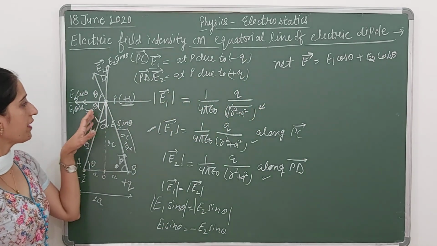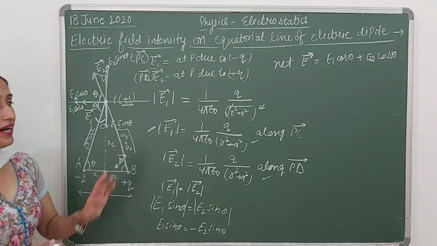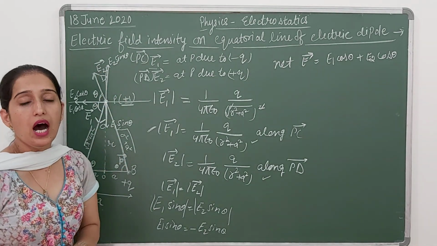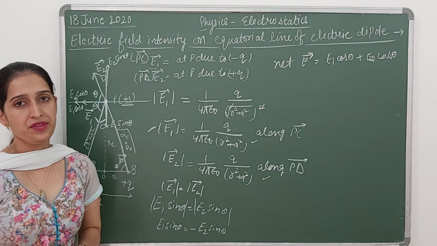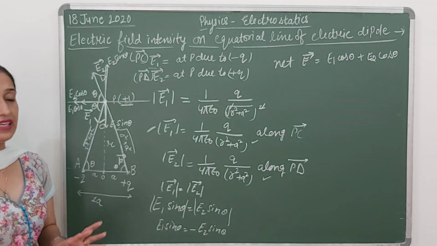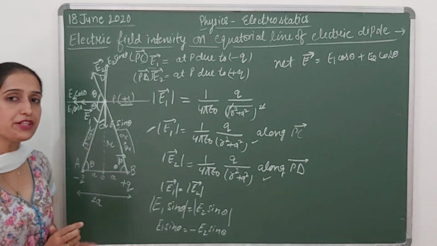We have resolved E1 and E2 into two components, horizontal and vertical. The sin theta vertical components of both E1 and E2 are equal in magnitude and opposite in direction, so they cancel each other. We are left with the cos theta components of both E1 and E2.